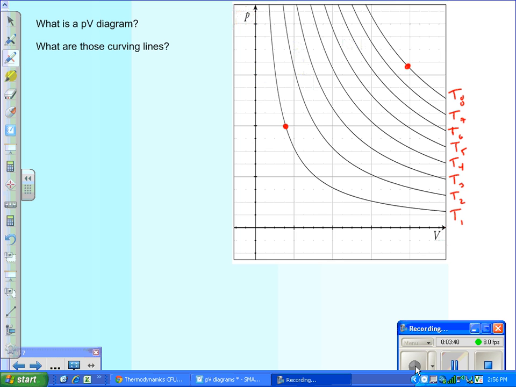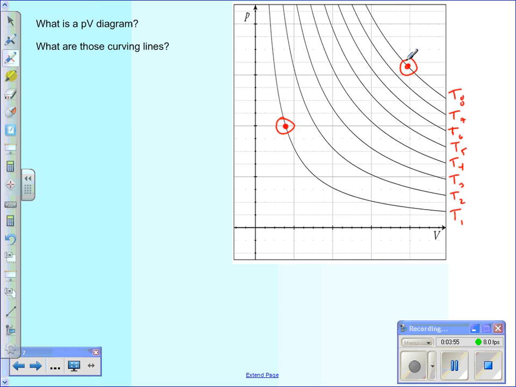Another important thing to understand about isotherms is how you read them. How do you know which isotherm is hotter than another? Again, we can use our combined gas law knowledge to do that. We'll compare these two points. This point represents a lower pressure and a lower volume than this point. This point exists at a higher pressure and a higher volume.